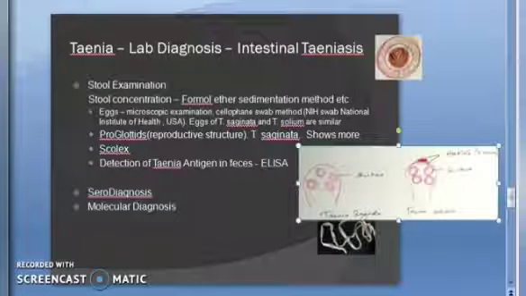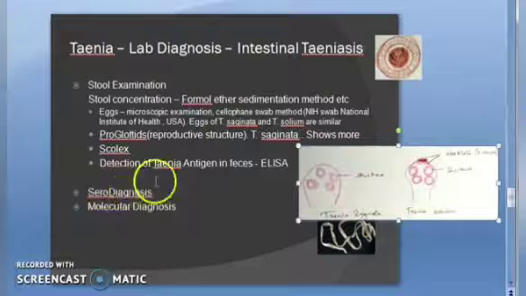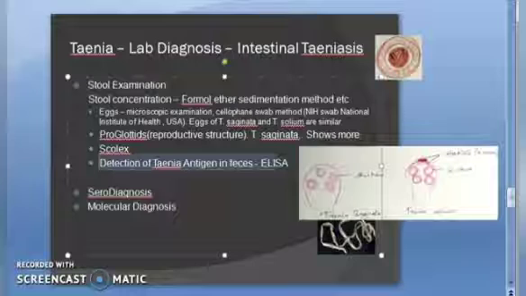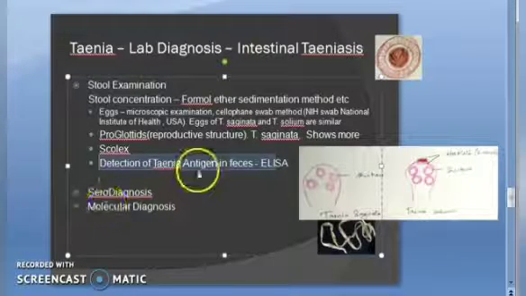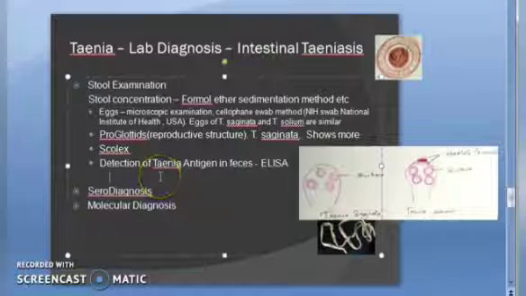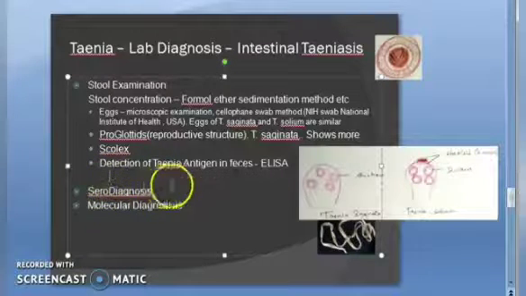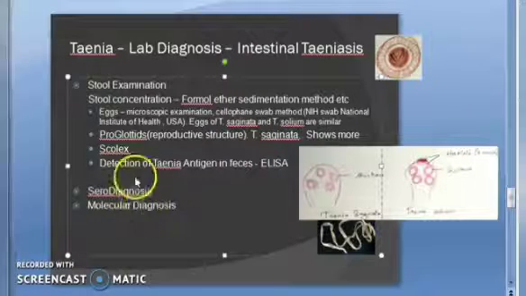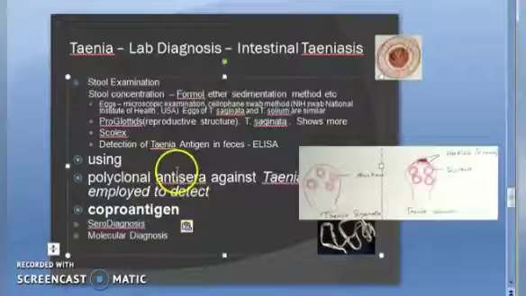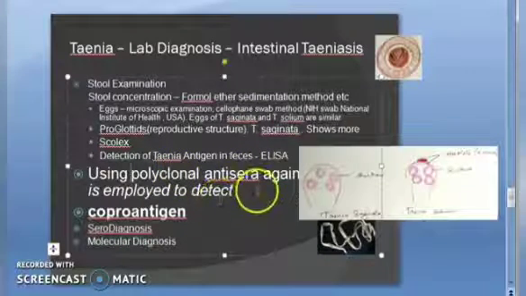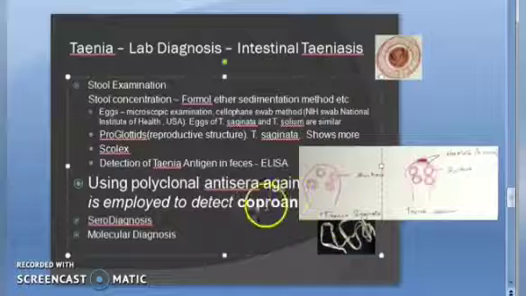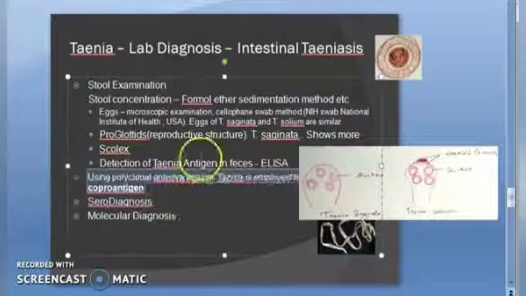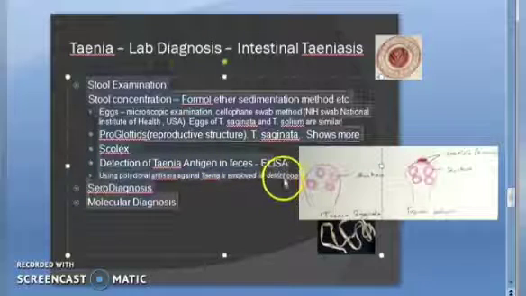This is actually more sensitive than microscopy, but you cannot differentiate between tinea saginata and tinea solium. You use polyclonal antisera and try to detect this copro antigen.